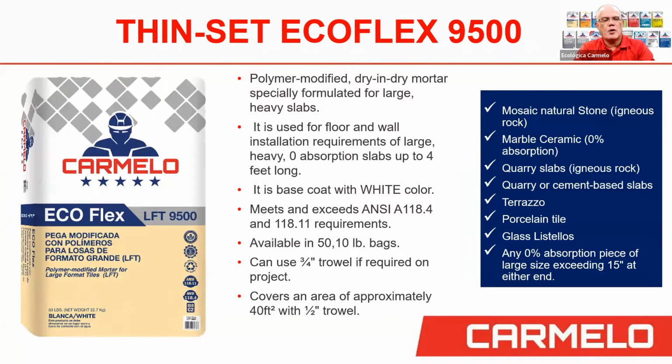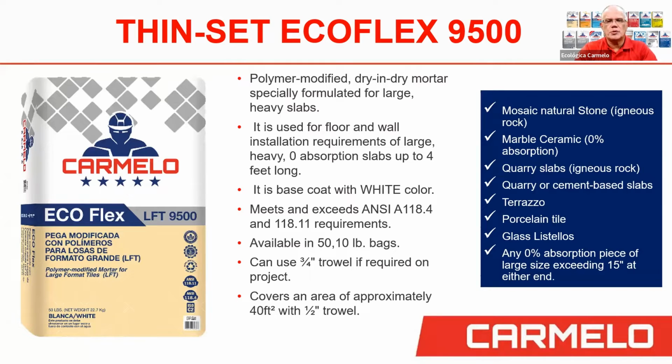And then we have our long format tile adhesive, the 9500. Here again, it's polymer modified, and it's for those tiles that are very heavy in floors and walls, where it requires large 0 absorption slabs up to 4 feet long, right? So this is where you're going to use this adhesive.